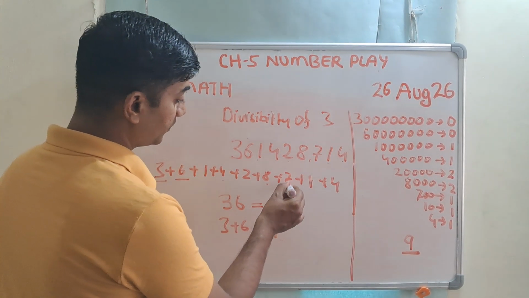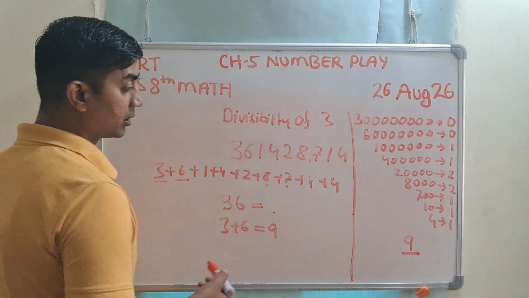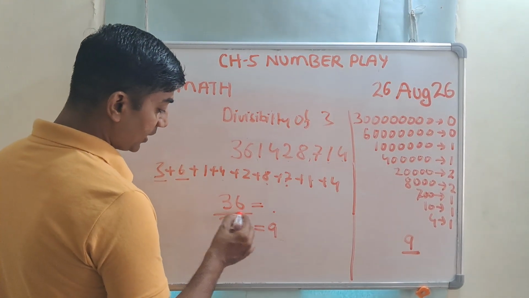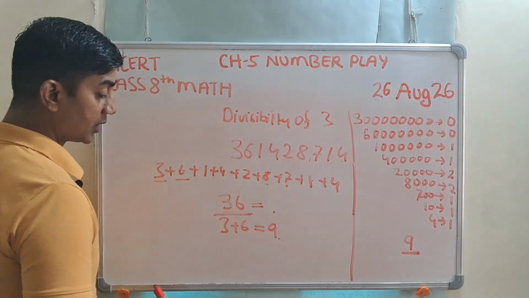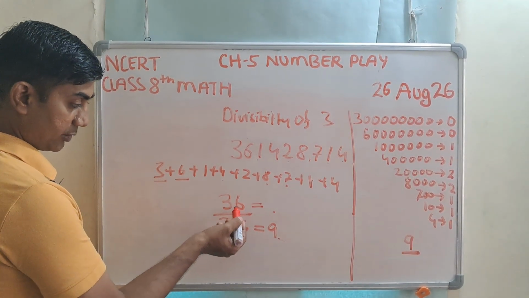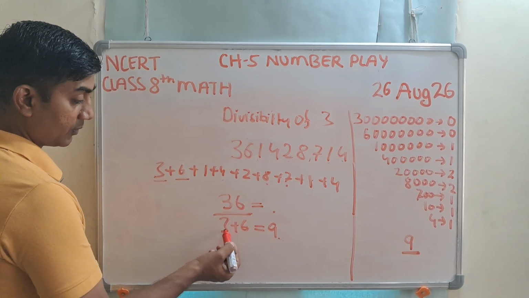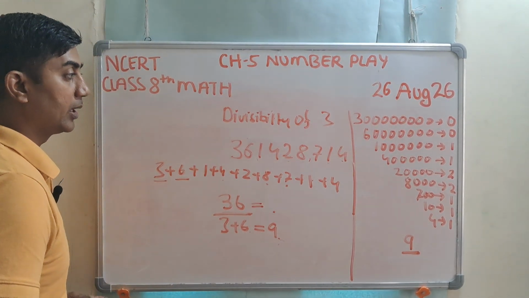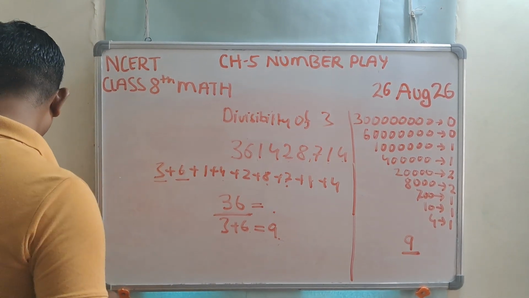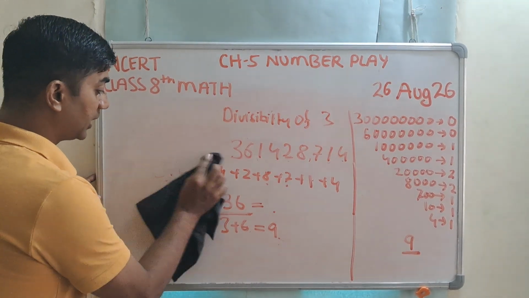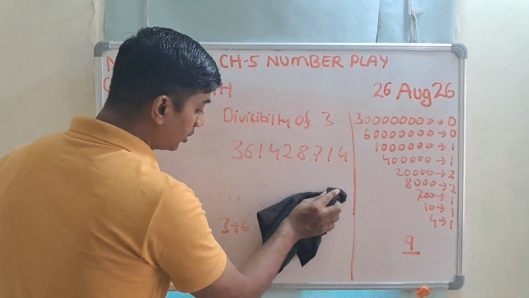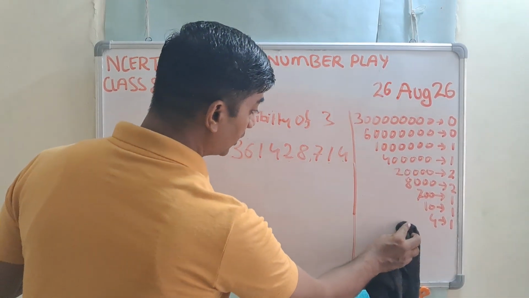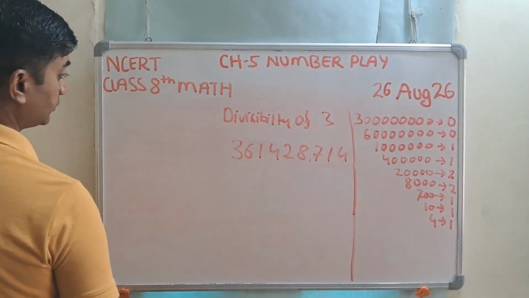In this 7 you have included 6 plus 1, and all the numbers you have included, and you get the result 36. And this 36 is divisible by 3, again you have checked 3 plus 6, which is 9, and 9 is divisible by 3. In this way you have checked the divisibility rule of 3, and how this divisibility rule is derived, that we have seen, understood? By the remainder method, understood?